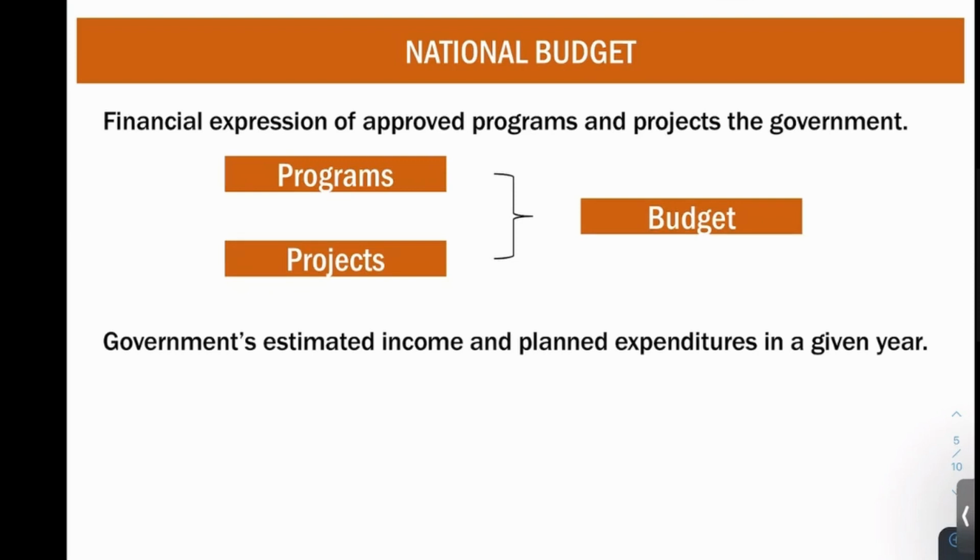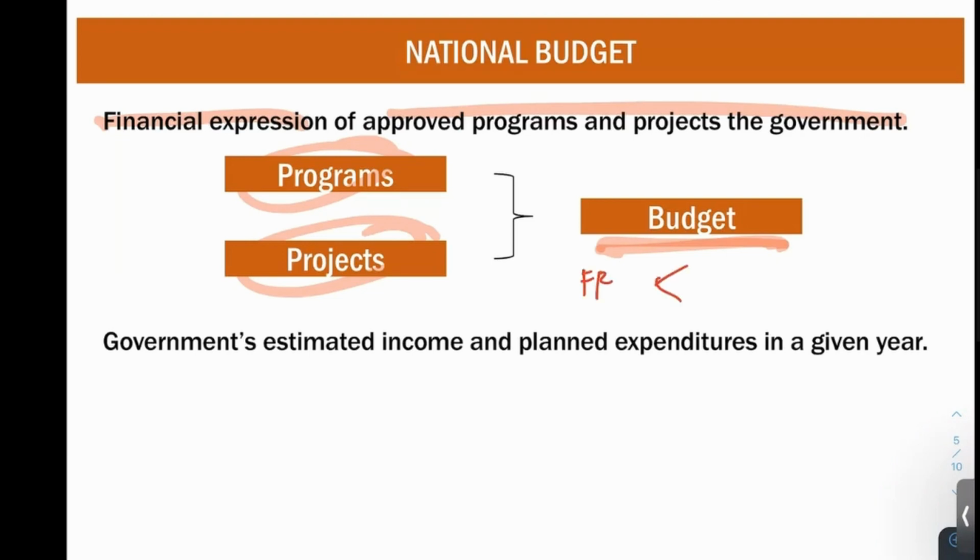So what is the national budget? The national budget is the financial expression of approved programs and projects of the government. So based on your programs and projects, we create a budget, which we already discussed a while back. The difference only is we have a financial resource and we now allocate it to your programs and projects.